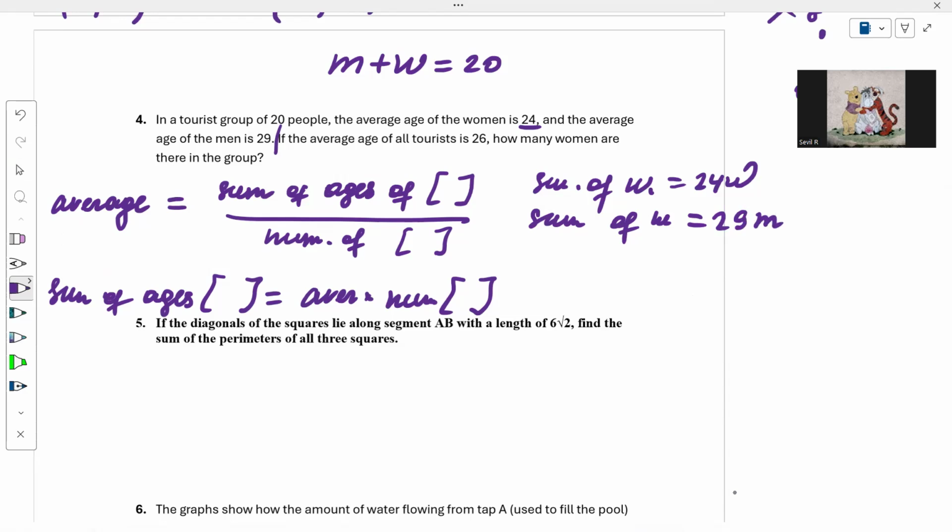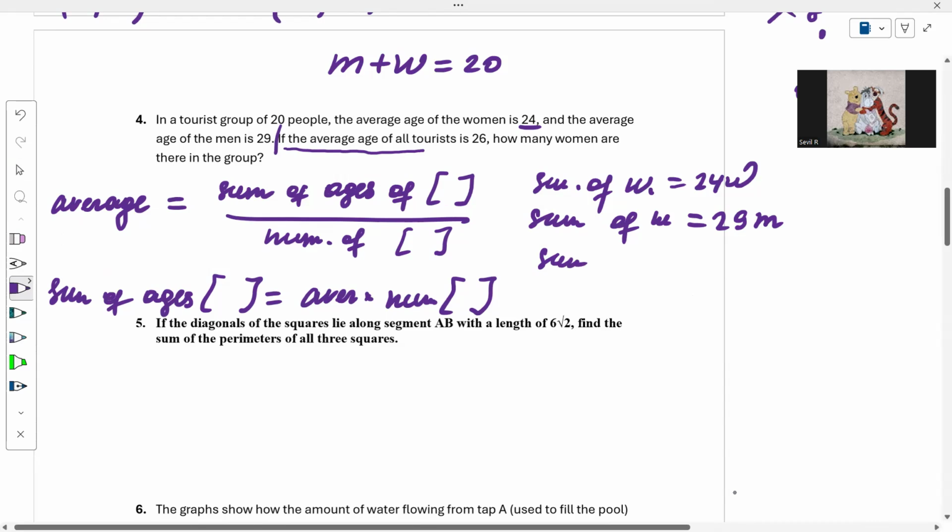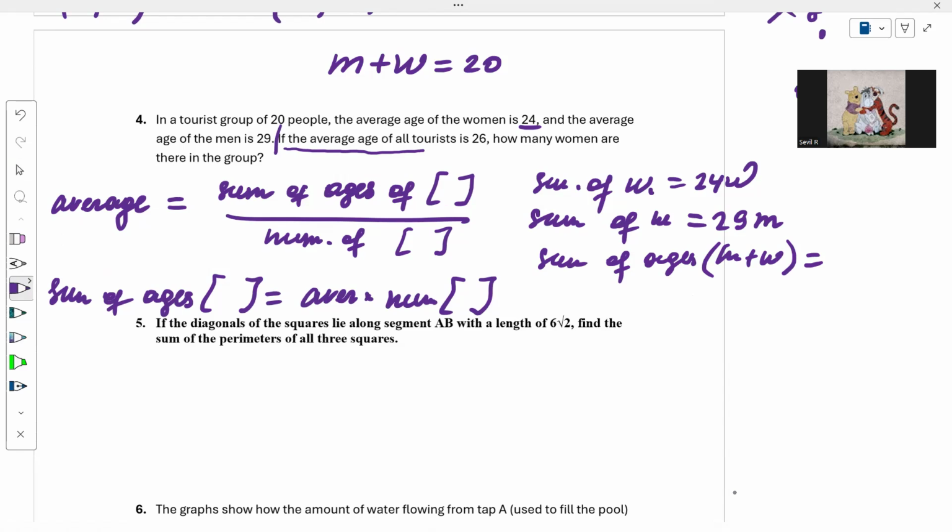Yeah, and what we get is, it's written that the average age of all tourists, guys, all tourists, right? So the sum of all tourists, the age of men plus women, equals what is it? 26 times the number of men and women.